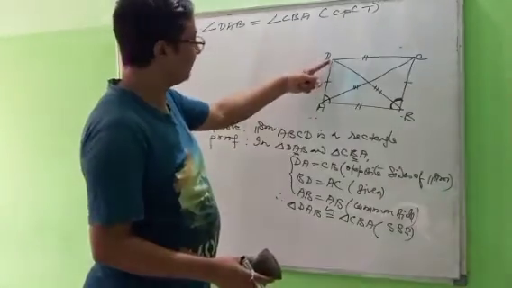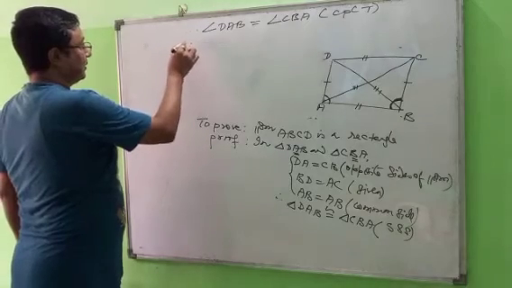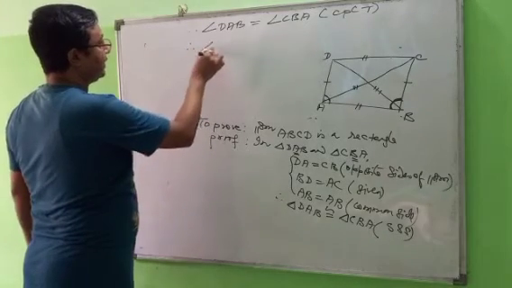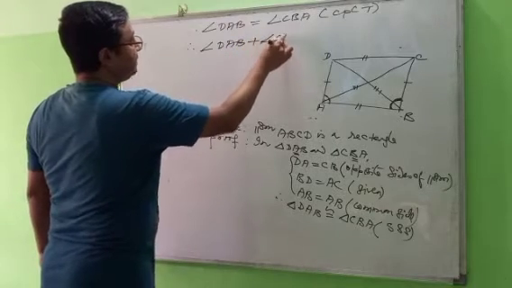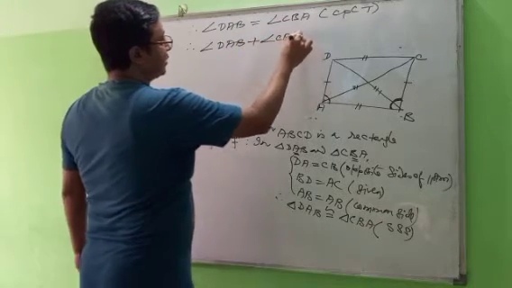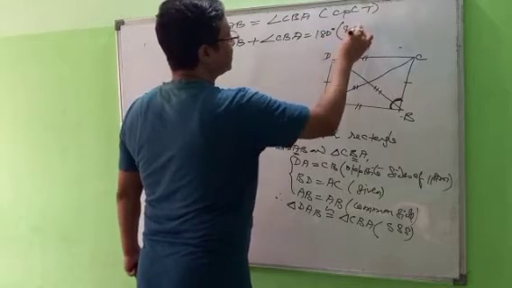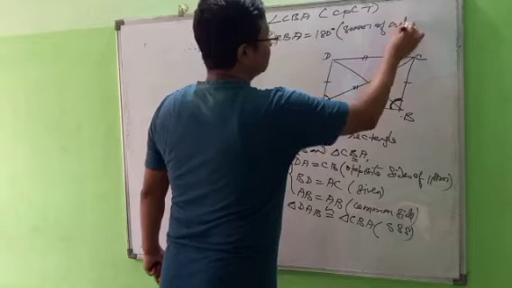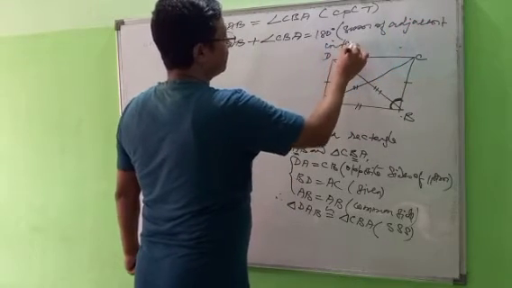That is why AD is parallel to BC. Therefore angle DAB plus angle CBA equals 180 degrees. This is due to the sum of adjacent interior angles.